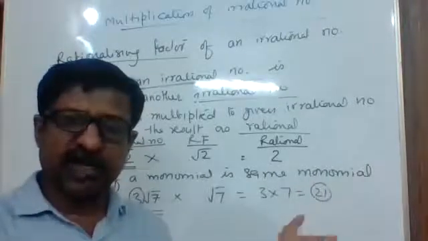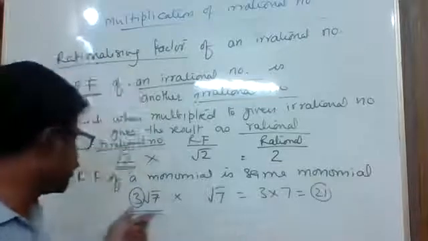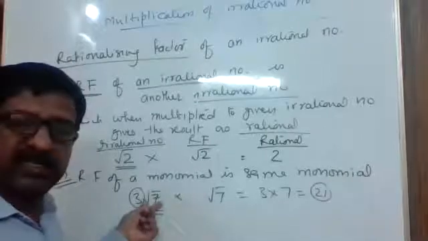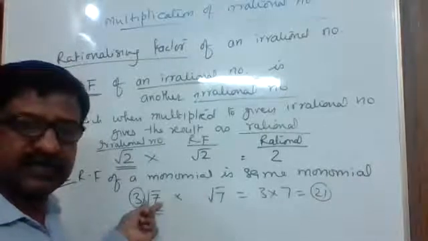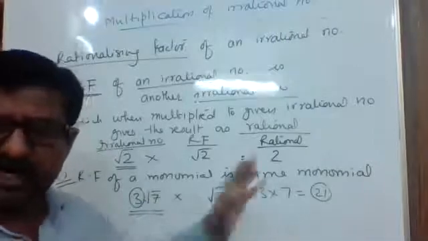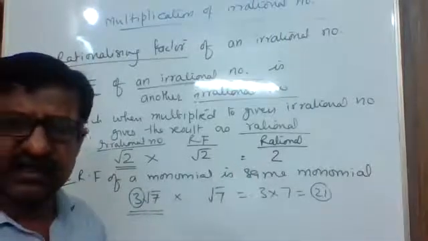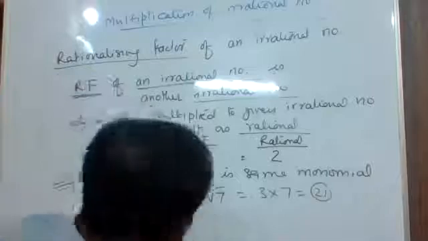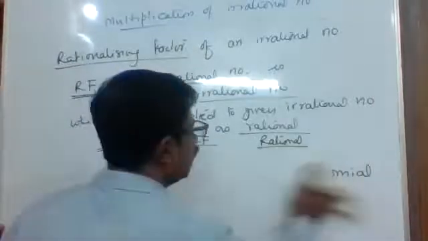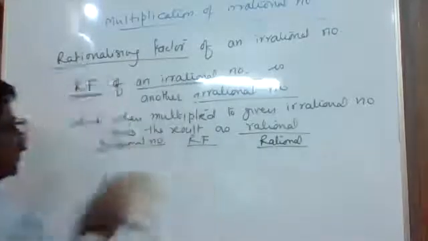Root 7. You don't have to write 3 root 7. Since 3 is already a rational number, we have to take only the irrational part. Root 7 has to be multiplied with root 7 so that you get a rational number. Clear? This is the rationalizing factor of a monomial.